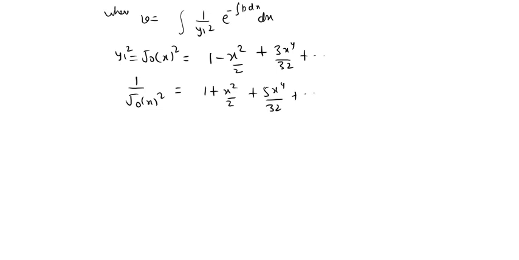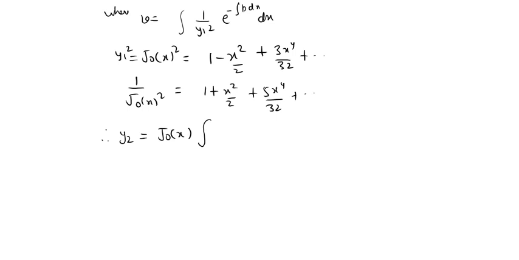Okay, so what will be y2? The second solution will be the first solution, which is y1 or J0, you can write anything, and the integral of 1 by y1 square e power minus integral of p dx. And what is p from the given equation? Which is 1 by x.